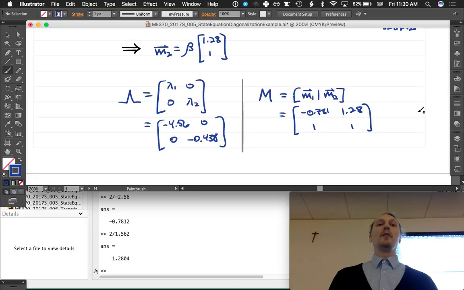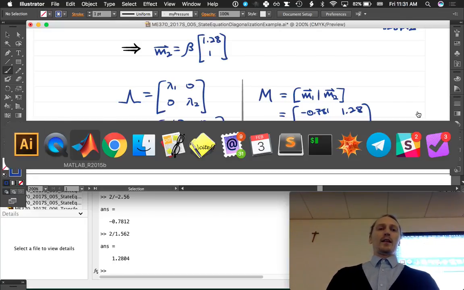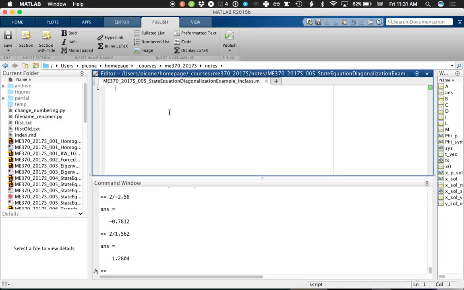Okay, so let's see what Matlab gets. So we bop over to Matlab, and we're feeling like we should probably clear everything and close all. And then, first off, it's just good form to start off with some parameters, right? So let's plug in our parameters.